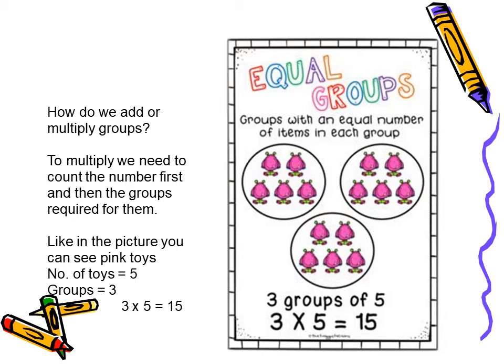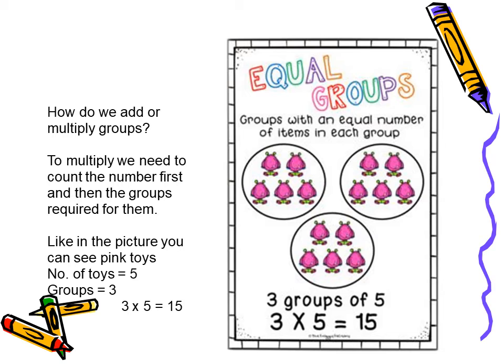So what we will be combining is groups into number of objects. Here there are 3 groups and the number of toys is 5, so we will be multiplying 3 with 5. So 3 into 5 comes out as a product of 15.